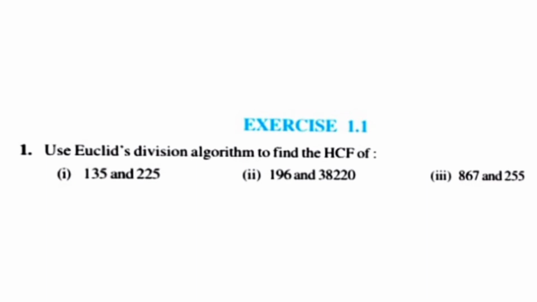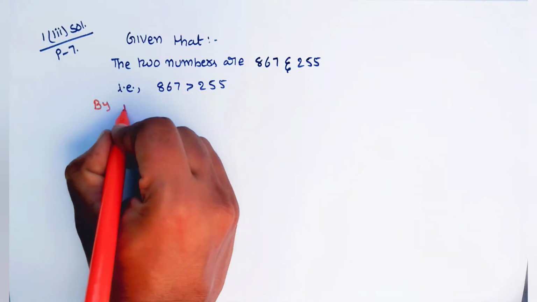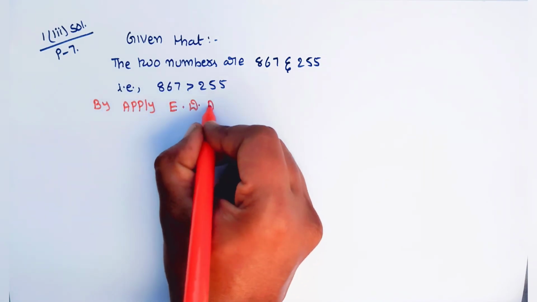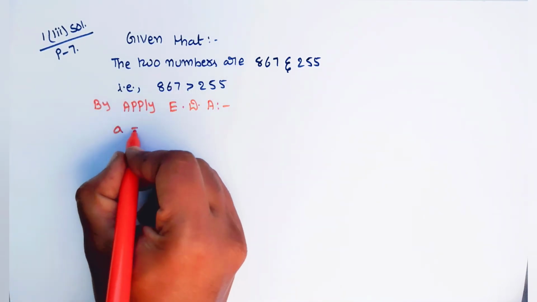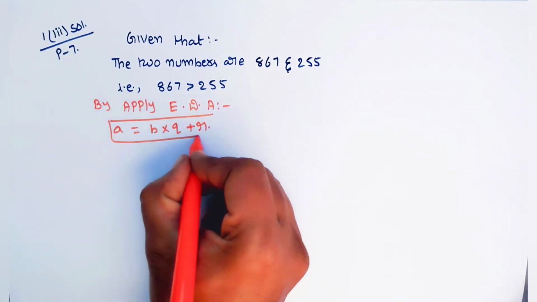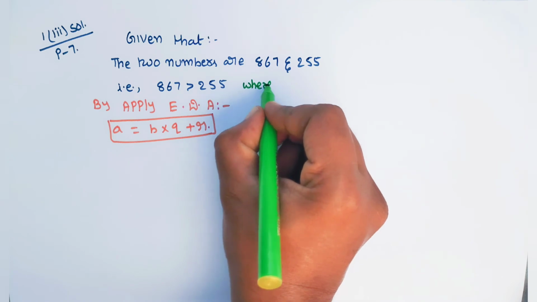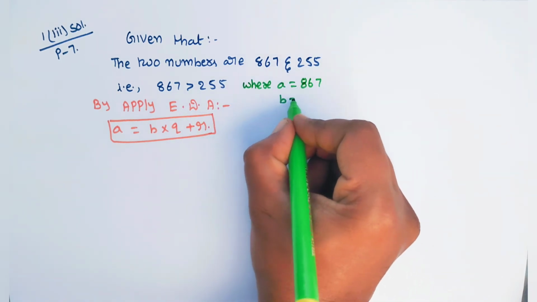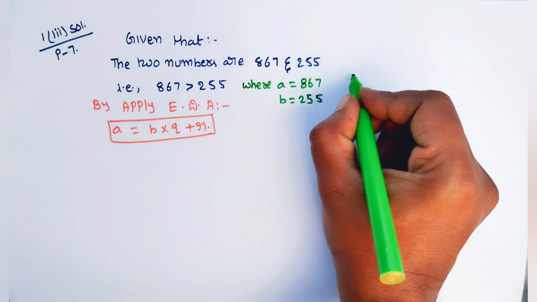Now first section, third question: find HCF of 867 and 255. Given that the two numbers are 867 and 255, by applying Euclid's division algorithm, where A equals B into Q plus R, where A equals 867 and B equals 255.